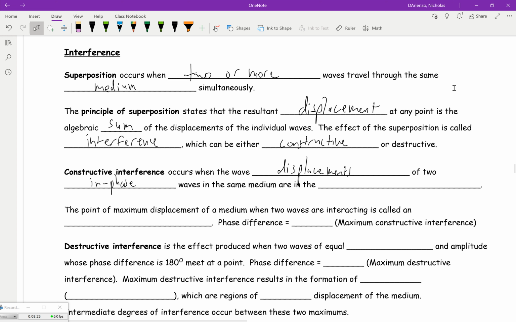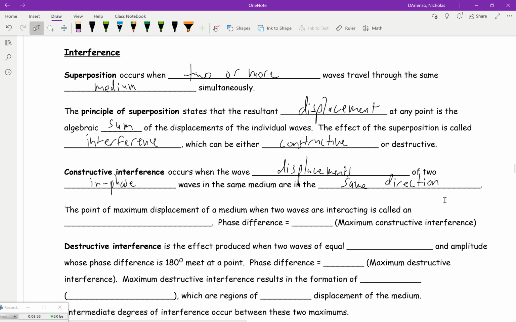They're completely in phase. Their degree of separation is 0 degrees. So the two in-phase waves are in the same medium, and they're traveling in the same direction. If these conditions are being met, then we can have constructive interference. And we'll take a look at an example of this in a second.